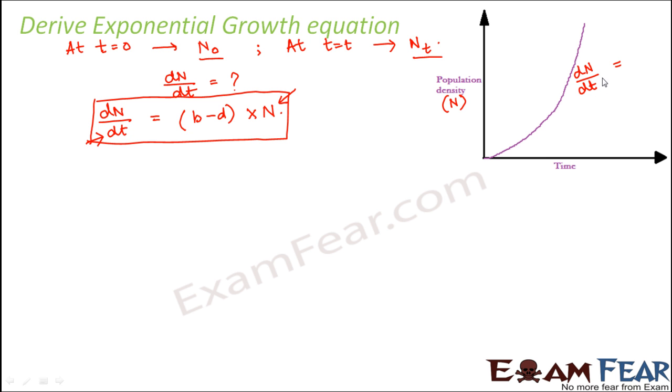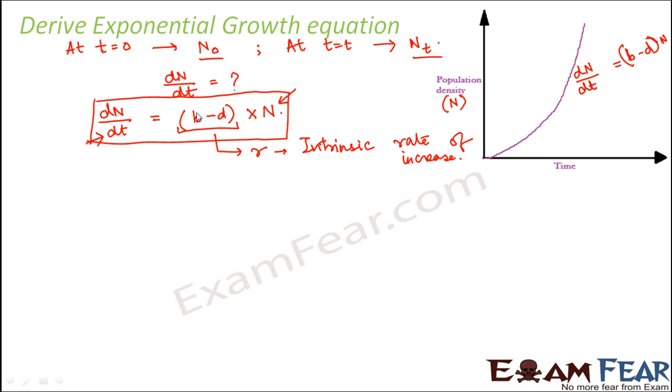If you find the slope of this curve, this would be dN by dt equal to (b minus d) into N. Now this b minus d is often denoted by a small r, and this small r is known as the intrinsic rate of population increase. This is important.